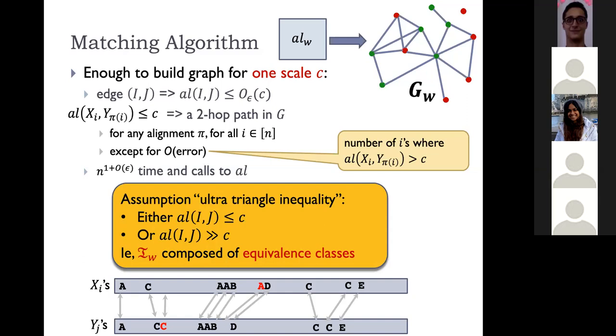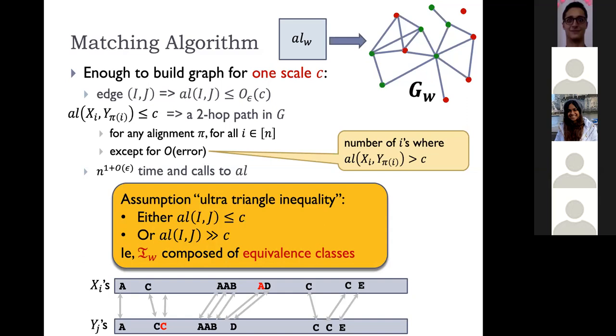And if this is the case, then we can think about this set of substrings, this calligraphic I_W, as being composed of equivalence classes. Basically, two strings are in the same equivalence class if and only if their distance is at most C under this alignment distance.